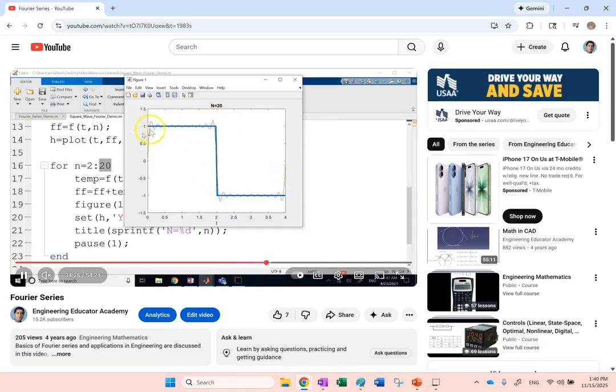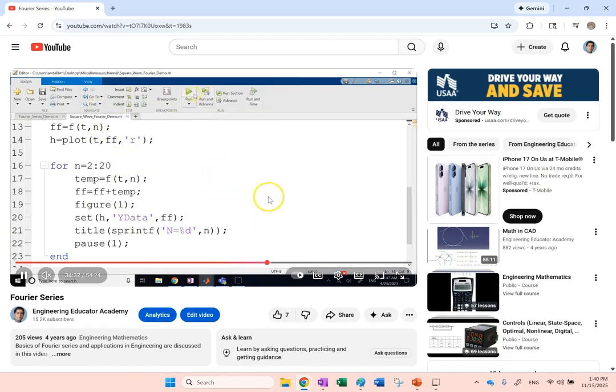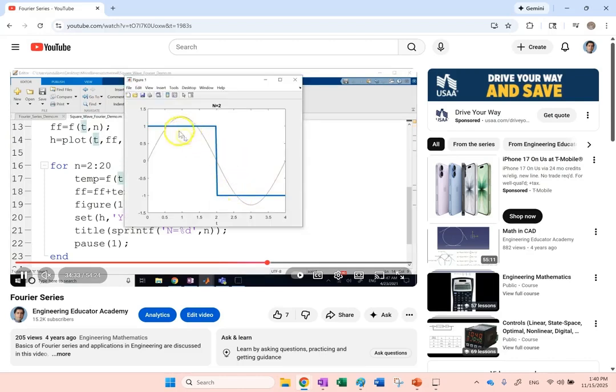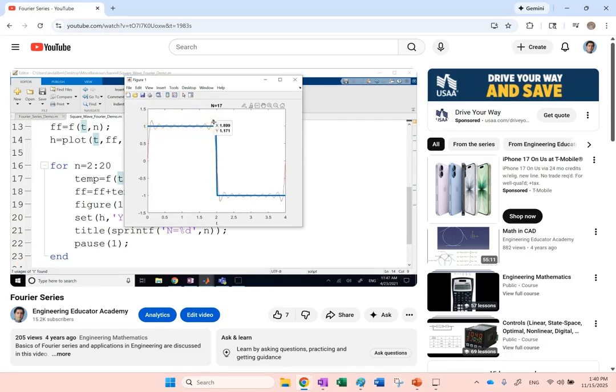Now, of course, here you have these ringing effects, but clearly you see that these small changes that the higher frequency terms are bringing get your signal closer and closer to the actual pulse. So you see, the first 2 or 3 form the basic shape of the signal, and the higher frequencies only get them closer and closer, but their contributions are much smaller.